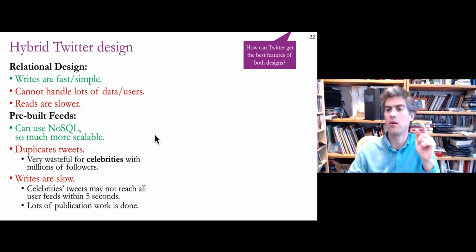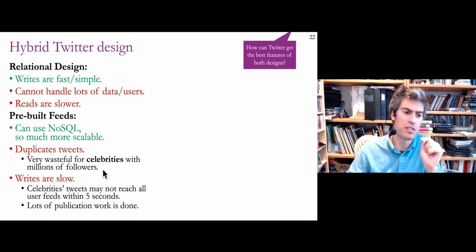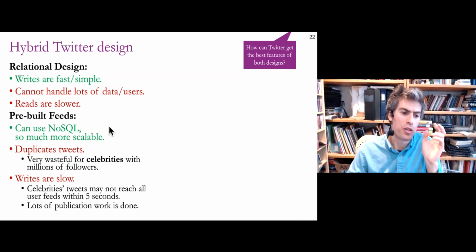So I want you to think about how Twitter can get the best features of both of these designs. So for Twitter to get the scalability that the pre-built feeds give, but to not have duplication and slow writes for celebrities.